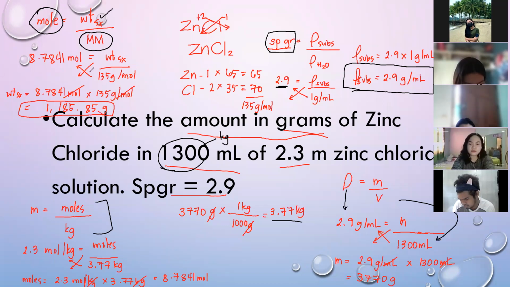Pero the process is still the same, cross multiplication, baba mo itong weight of sample, and then i-multiply mo yung moles, and then yung computed natin na molar mass. So ito yung ating sagot, 1,185.85 grams.